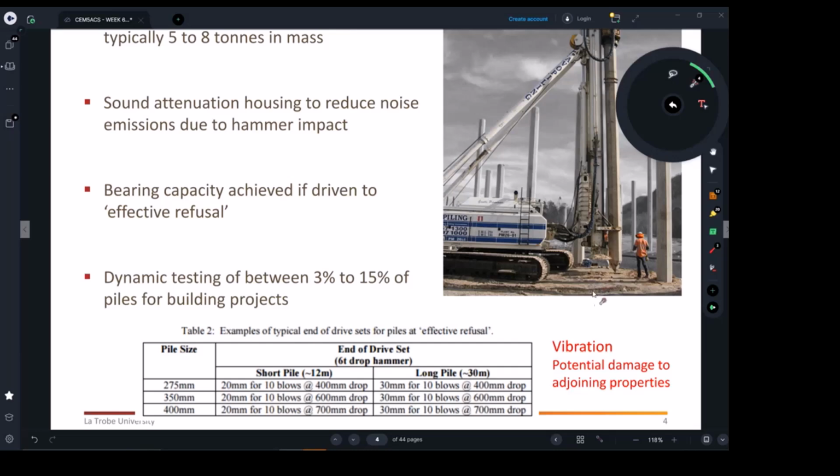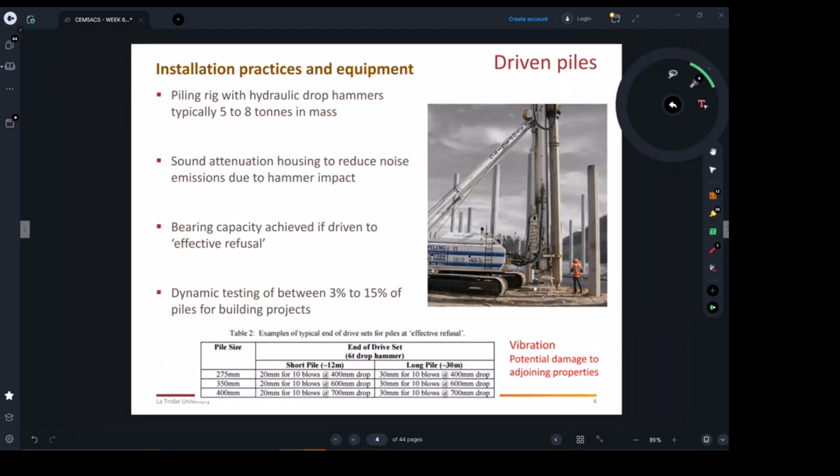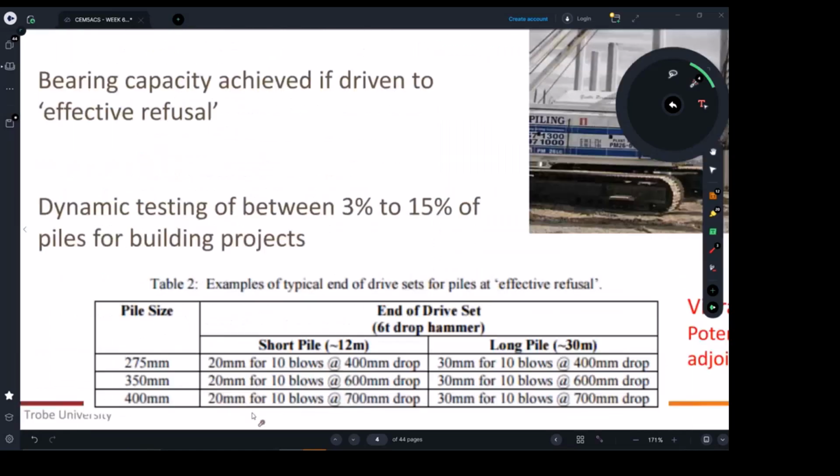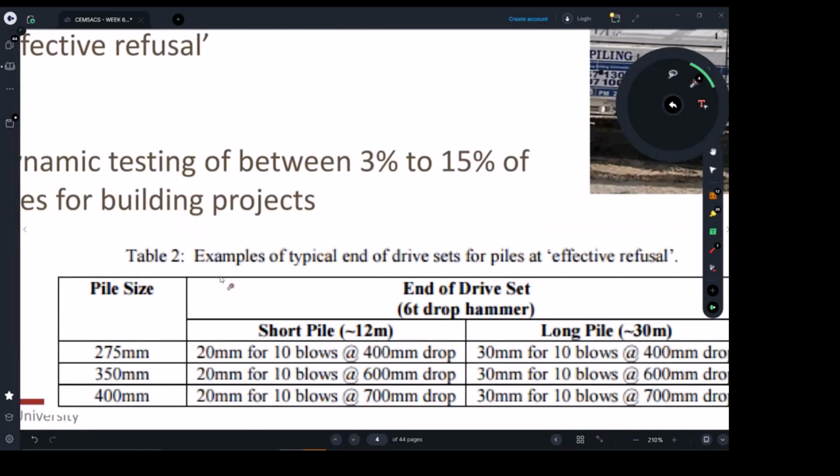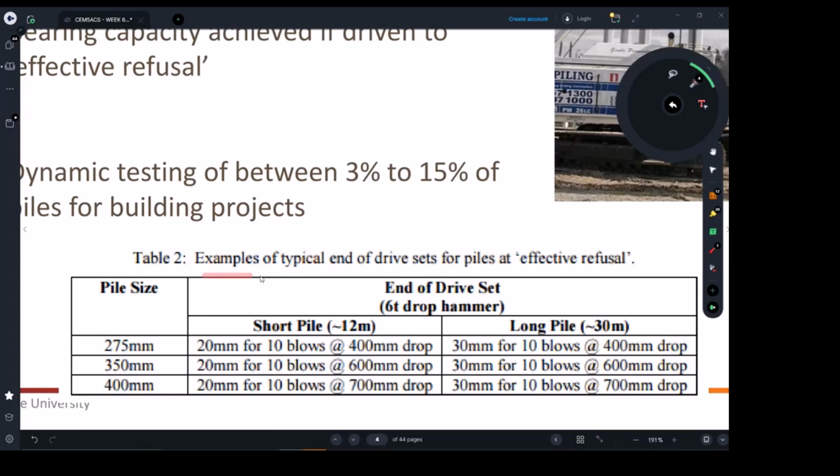Maybe there are a lot of houses very close to the road, and they don't want to damage the houses. Then someone is going to need to fix them all, especially if we're talking about heritage properties.